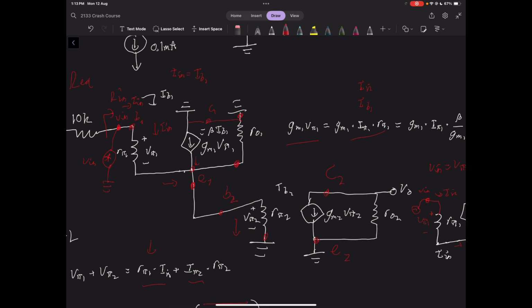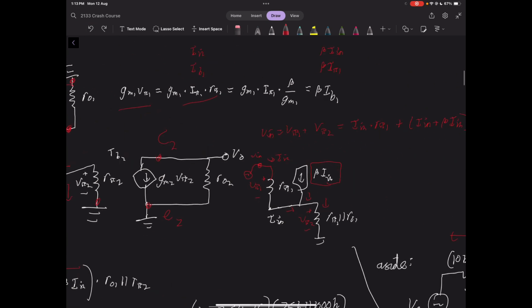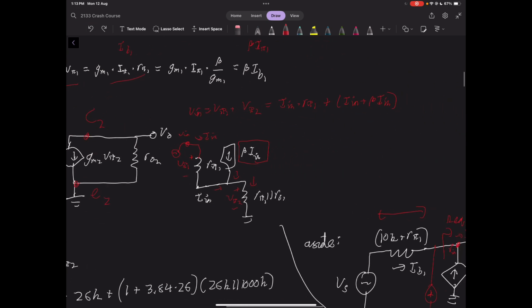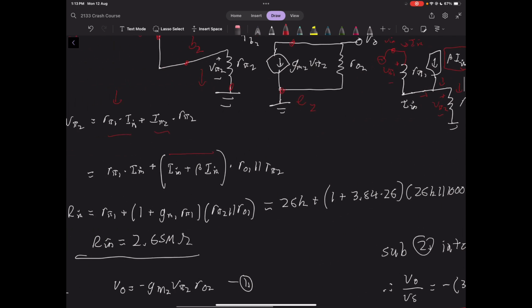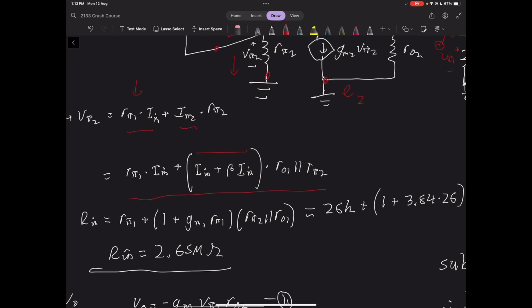The input current is the only current through this resistor, the same with I pi 1, the same with the base current to the transistor. They're all the same, and this is where this kind of substitution trick really comes in handy, because now we can say that this current through the resistor is the sum of these currents times their resistances are in parallel. And that is essentially where this equation here comes from.